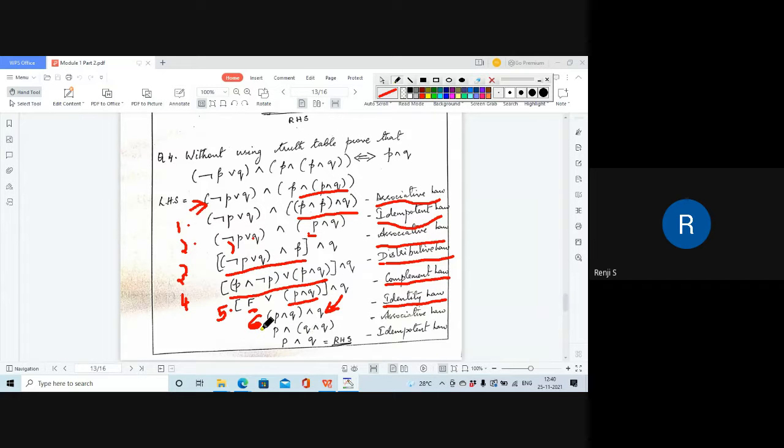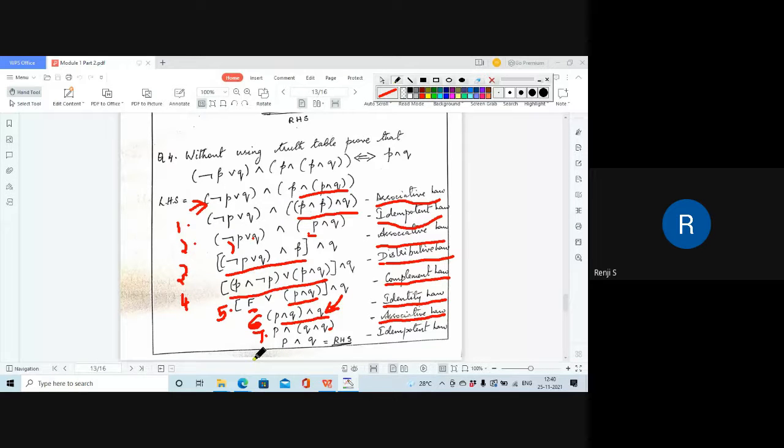Okay, and now we are going to the next step, step 7. We have to get step 7 from step 6. Which law can you apply here? Here, see, both are conjunctions, so I can apply associative law. Group this Q with this Q. So this can also be written as P and (Q and Q). I have grouped this Q with the next Q, and that is associative law.